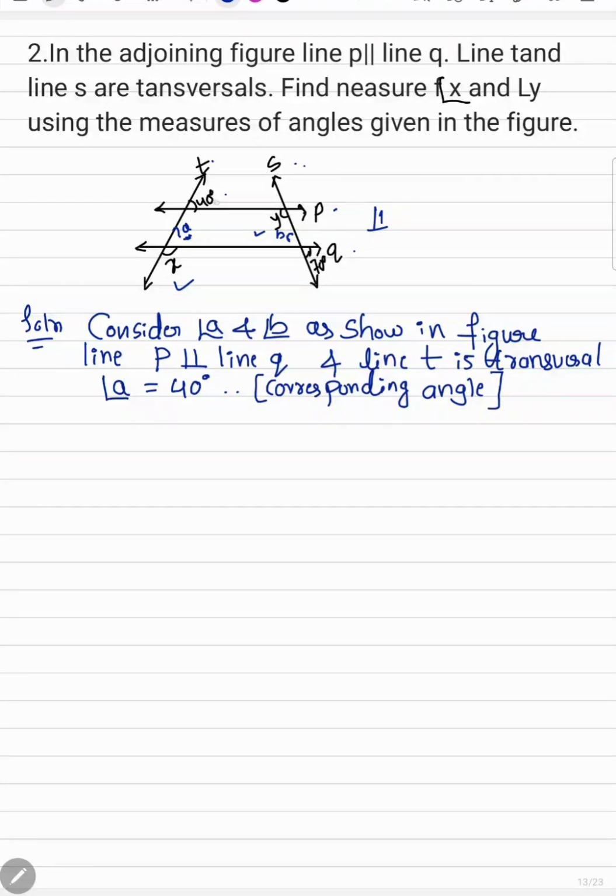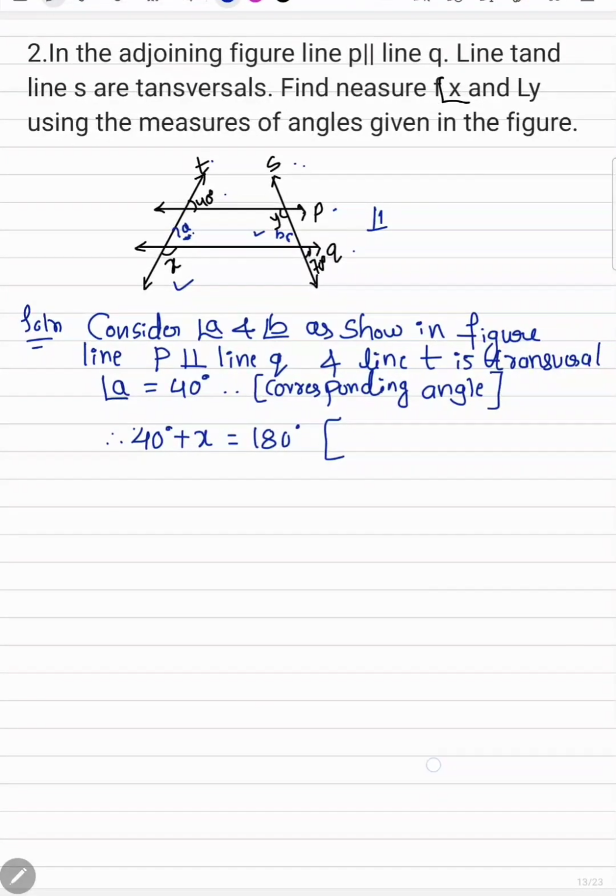Yes, and then find the x value also. 40 degrees is already there, A is equal to 40 degrees plus x. Which line is there? It is angle of linear pair, linear pair means 180 degrees. In a straight line, it is a linear pair, 180 degrees. Therefore 40 degrees plus x is equal to 180 degrees.